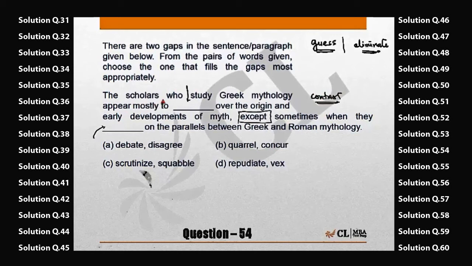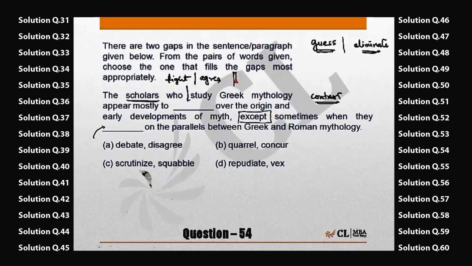These need to be antonyms, so to speak. The scholars who study Greek mythology appear mostly to, let's say, fight over the origin and early developments of the myth, except sometimes when they agree on the parallels between Greek and Roman mythology.